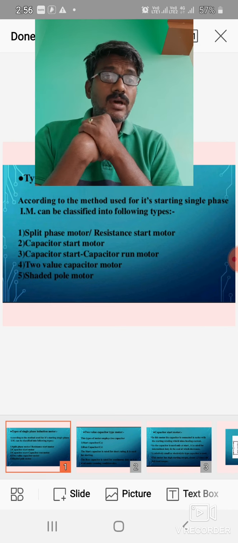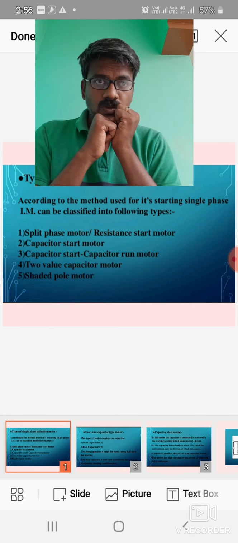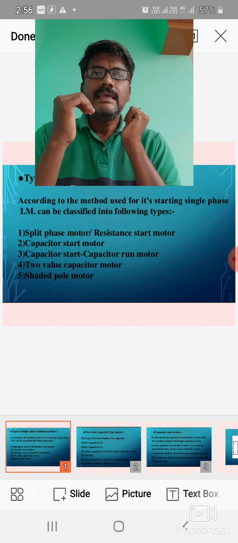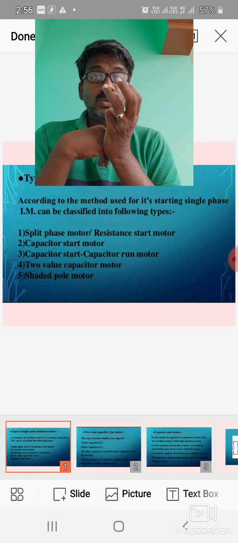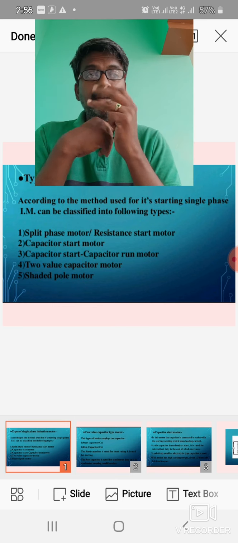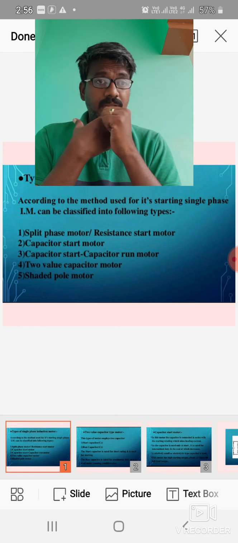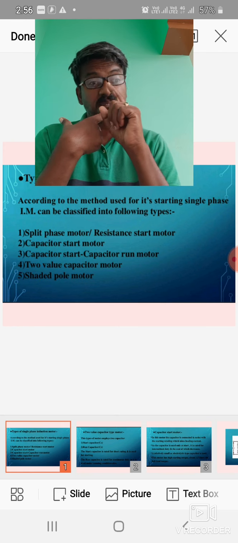A three-phase induction motor is a self-starting motor. Why? In that case we have three windings, and the three windings are separated 120 degrees spatially.